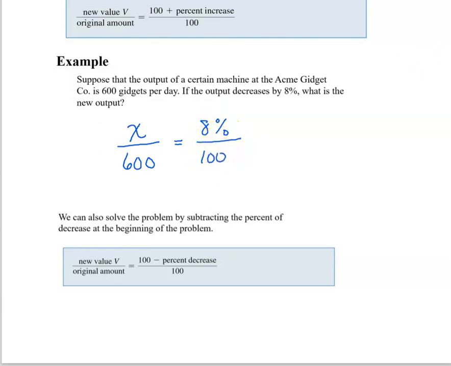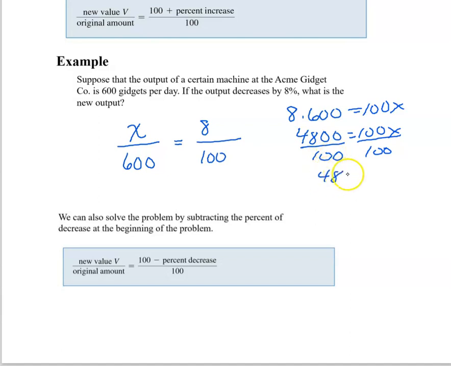Okay, and we don't really need the percent sign up here, and so we would do 8 times 600 is equal to 100 times x, and 8 times 600 is 4,800. So when we divide by 100, we would get 48 is equal to x.